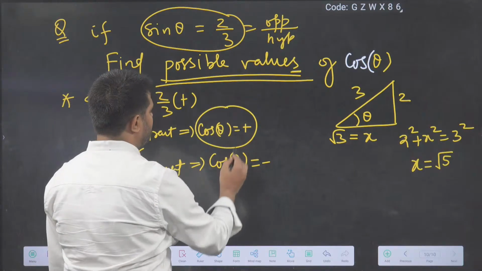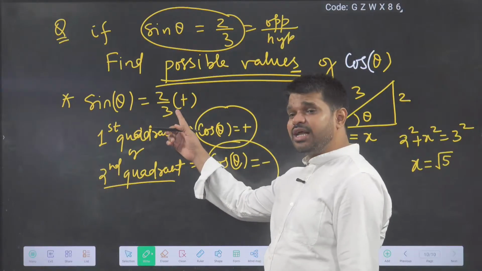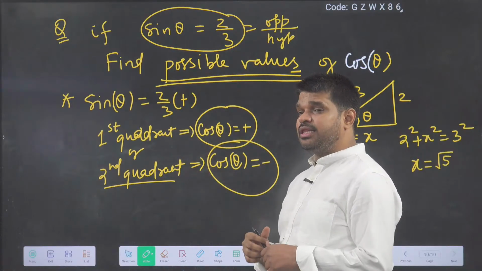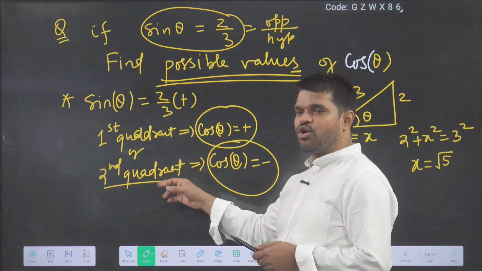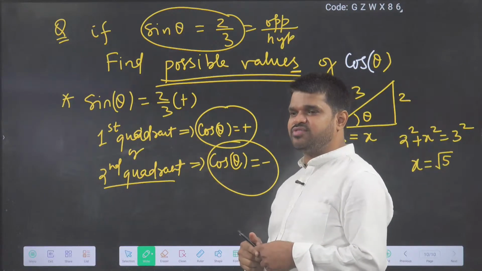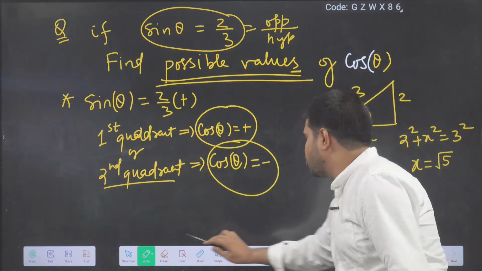One will be positive and one will be negative. The logic I told you: if sine theta is positive, there are 2 possibilities for the angle, first quadrant or second quadrant. If first quadrant, cos is positive. If second quadrant, cos is negative. So x is root 5.